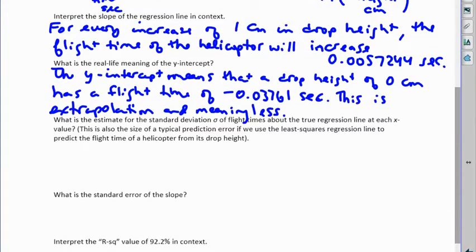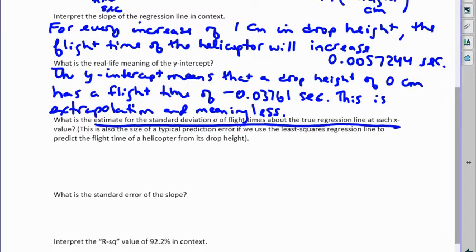So now let's estimate the standard deviation of the flight times about the true regression line. What is this talking about? Standard deviation of the flight times, that's your standard deviation of your residuals. Like how much is it varying the predicted from the observed? That's your residuals.